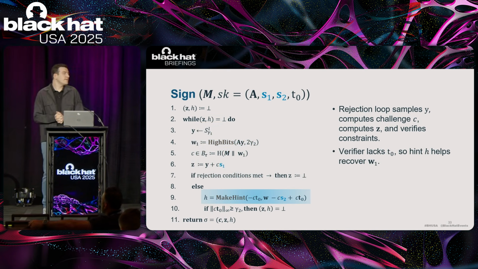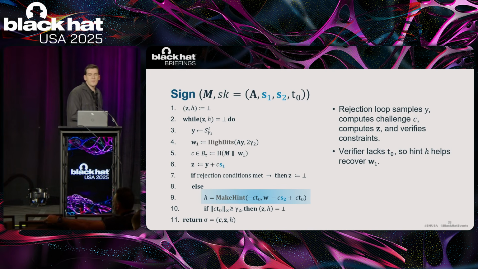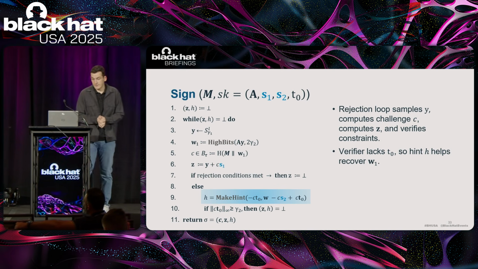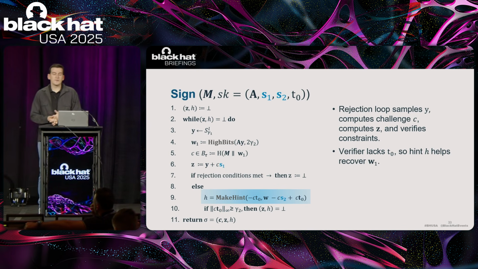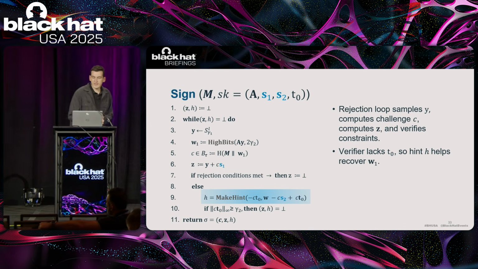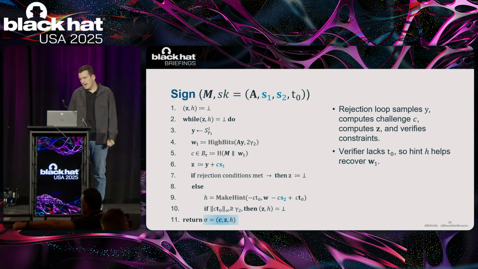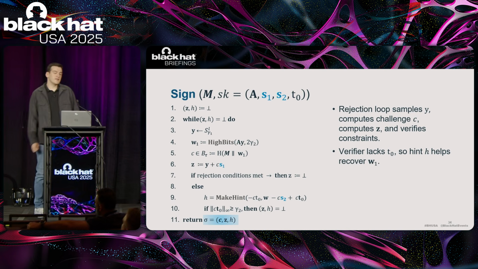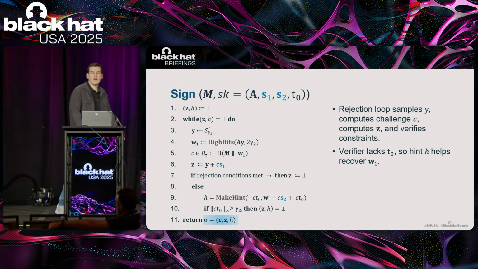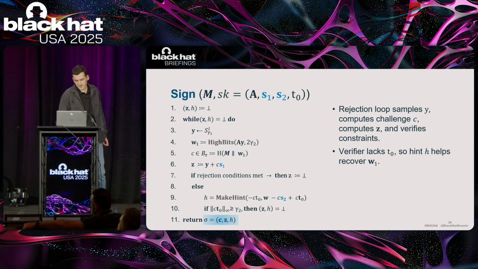Since the verifier doesn't know T0, because it's a part of the secret key, it creates a hint vector which helps to recover W1 at verification. And this is the end of the Dilithium signing, and the Dilithium signature consists of the challenge, the Z vector, and the hint vector.